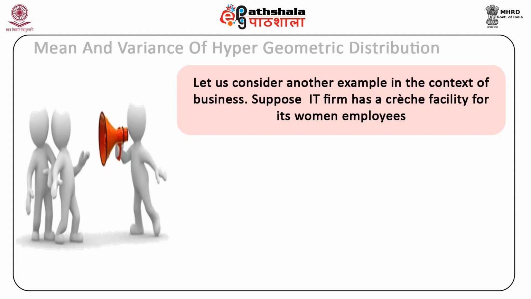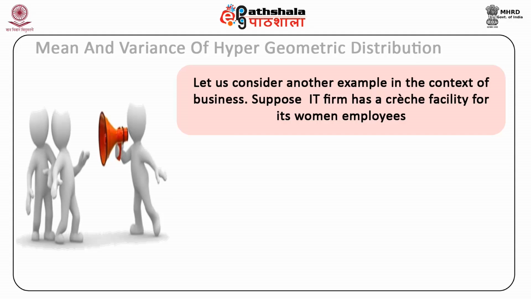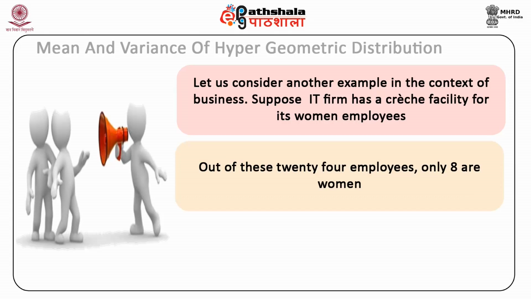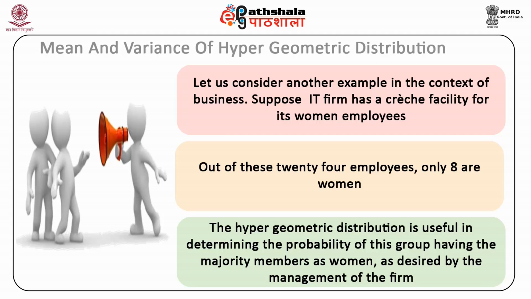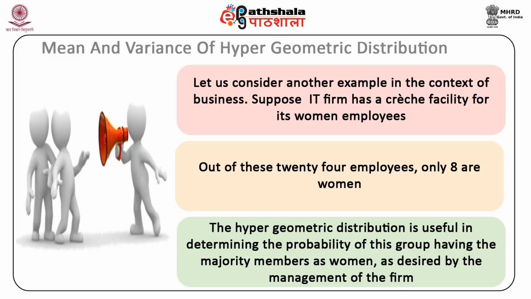The firm sends out offers to 24 employees for their participation in this proposed group. Out of these 24 employees, only 8 are women. The hypergeometric distribution is useful in determining the probability of this group having the majority members as women as desired by the management of the firm.